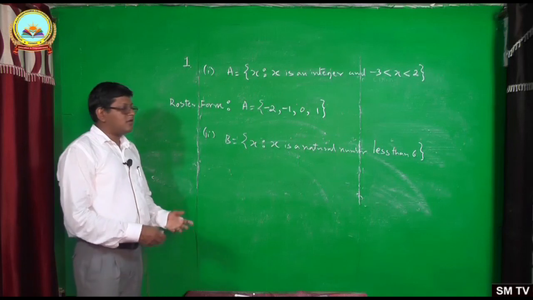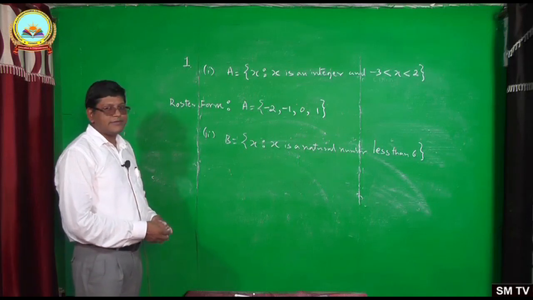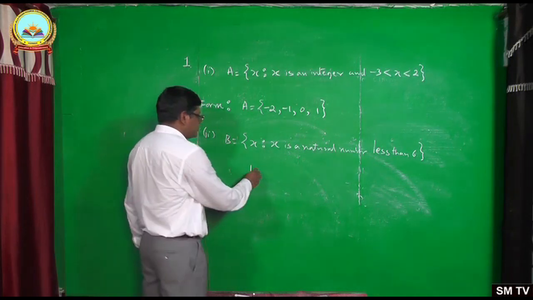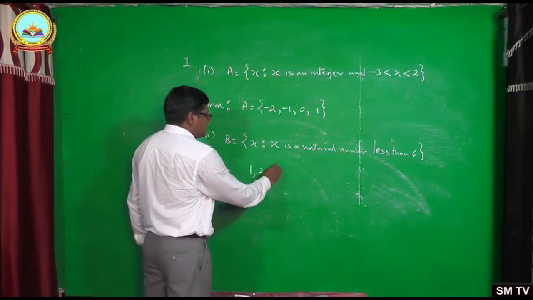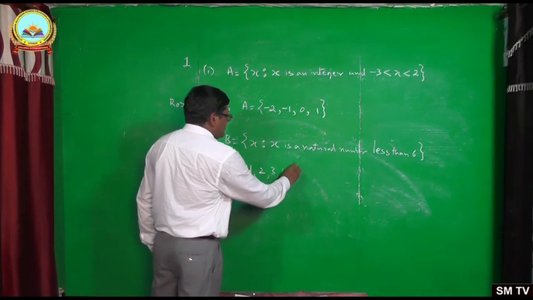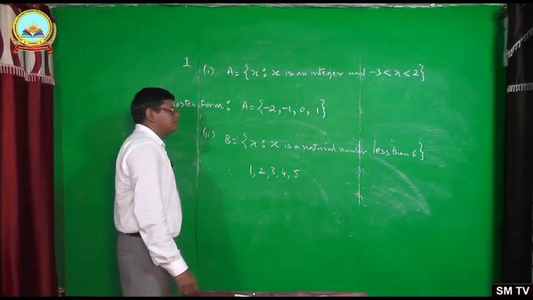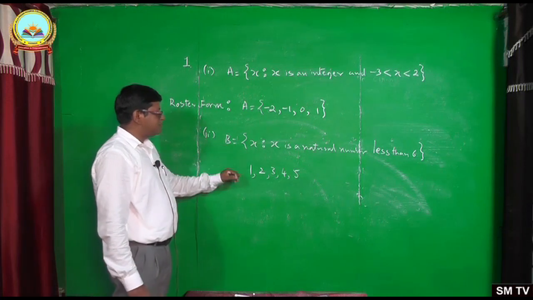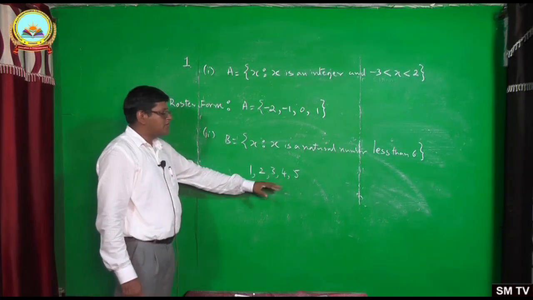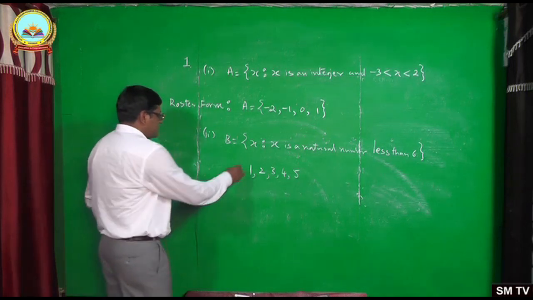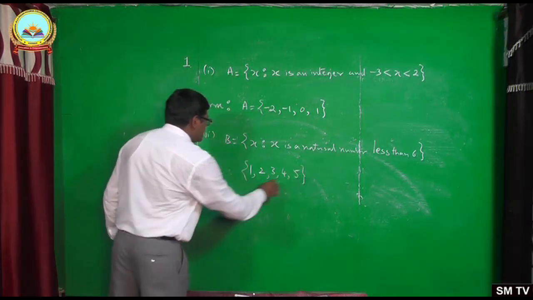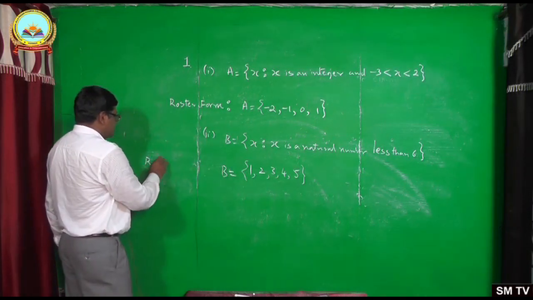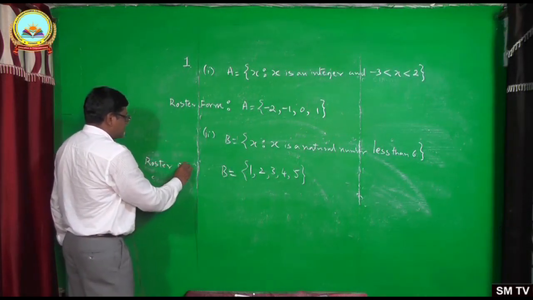So, what are the natural numbers which are less than 6? We know that 1 is a natural number, clearly that is less than 6. 2, next 3, 4, 5. So, these are the elements of the set B. These are the natural numbers which are less than 6. So, this is the roster form of the set B.